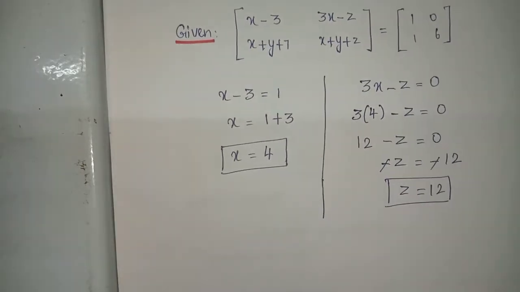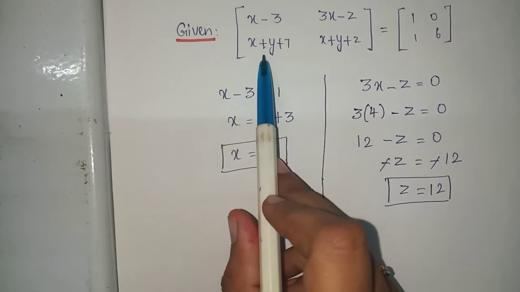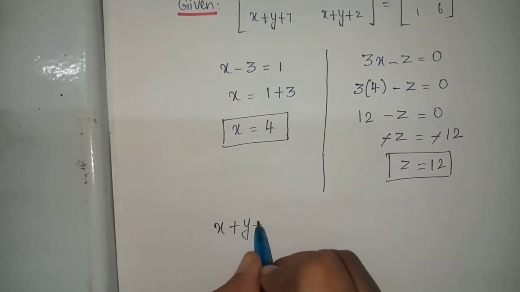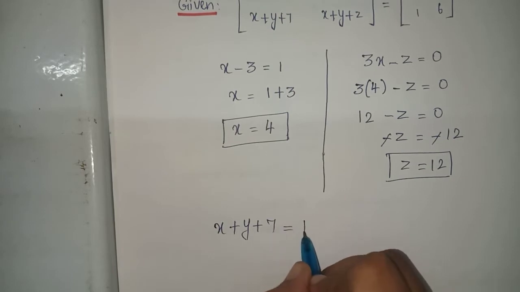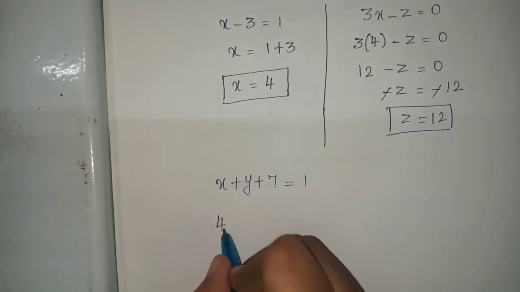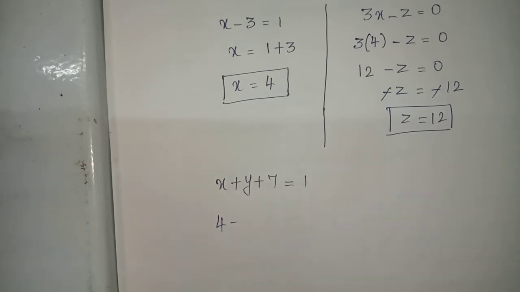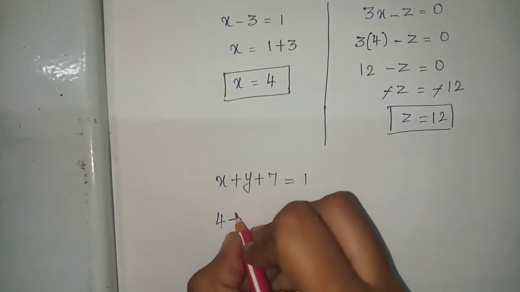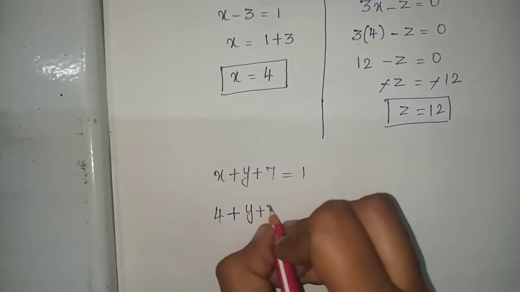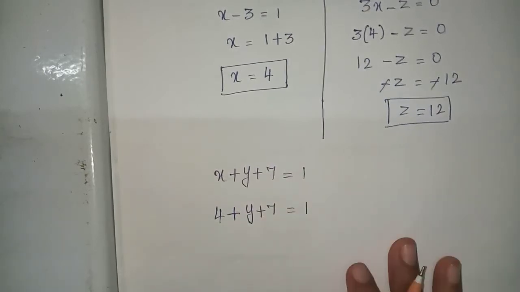Next, equate the A21 position, that is x plus y plus 7 is equal to 1. Now you know the value of x is 4. So 4 plus y plus 7 is equal to 1.